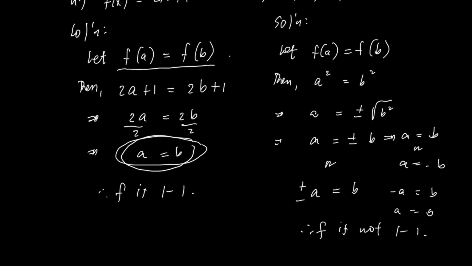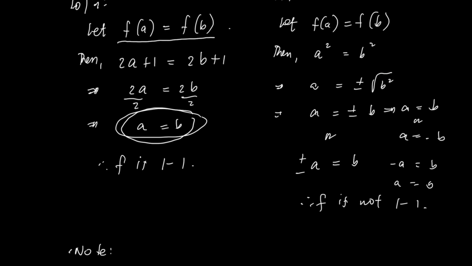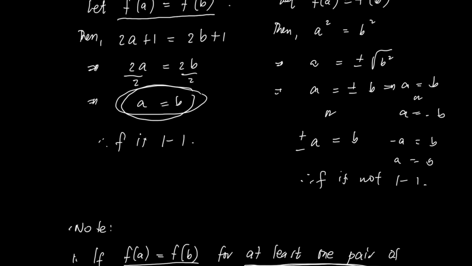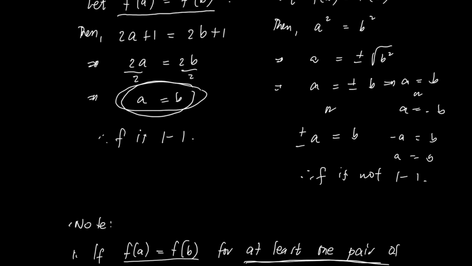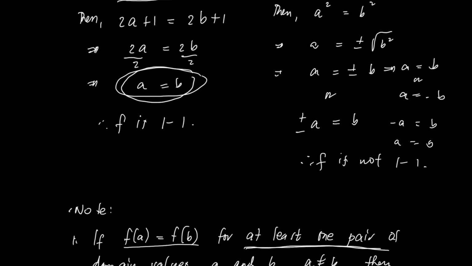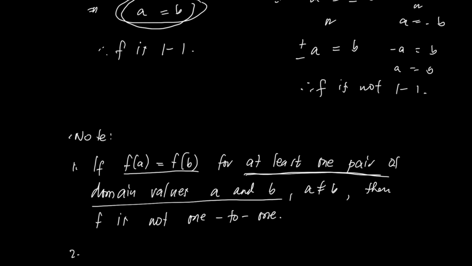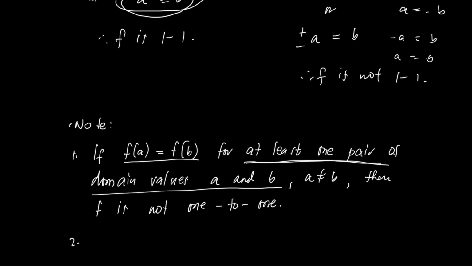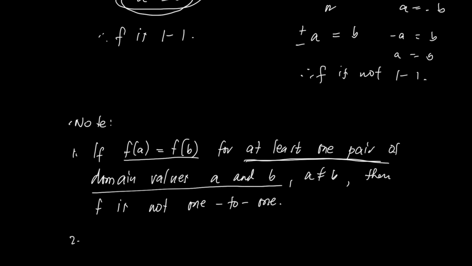The example for that is our f of x is equal to x squared. A and B are not equal, and we have two pairs, which is a equals b and a equals negative b, or negative a equals b and a equals b. So that is obviously not 1-to-1, because at least one pair of domain values a and b are shown for f of a equal to f of b.